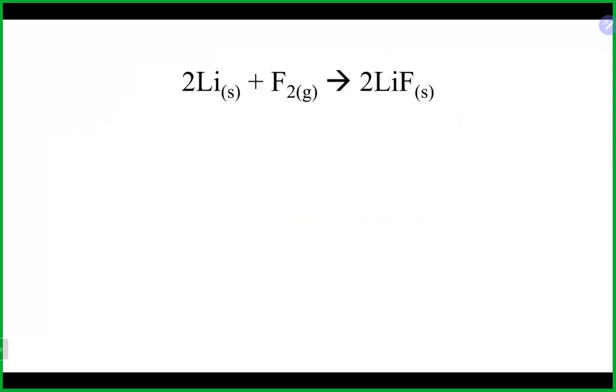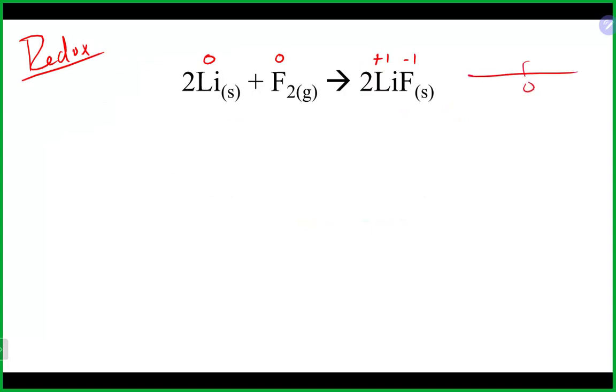All right, so now we're going to talk about some more specific ways to classify redox reactions. So these are involving electrons being transferred. If we take a look at this one here, once again, lithium is 0, fluorine is 0. When they come together, on the other side it's +1 for the lithium, -1 for the fluoride.